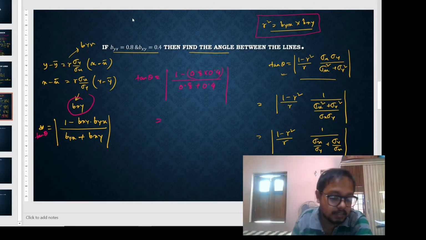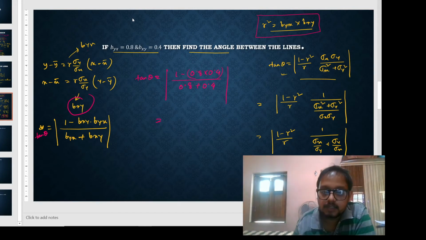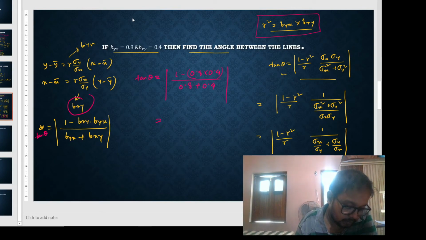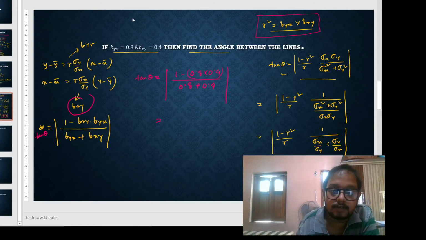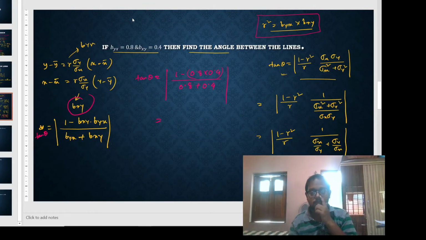So now just put the values and calculate, and we will get the value 0.56, or whatever you get. Then I can find the value of the angle. So now you can complete it.